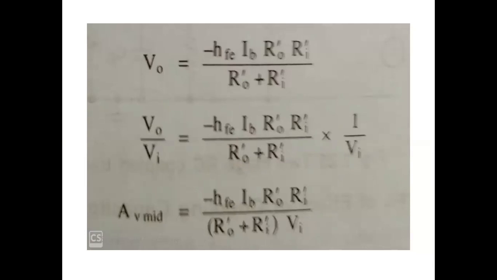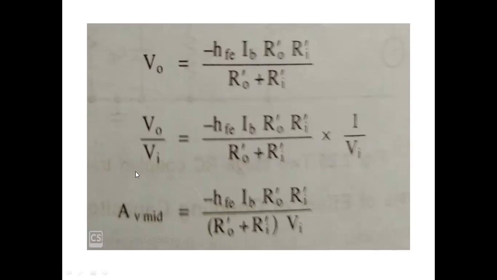This is the output voltage, and it can be obtained by using the voltage divider rule. In order to find the gain, we divide this V0 by Vi, so V0 by Vi is equal to minus hfe IB ro dash RA dash by ro dash plus RA dash into 1 by Vi.